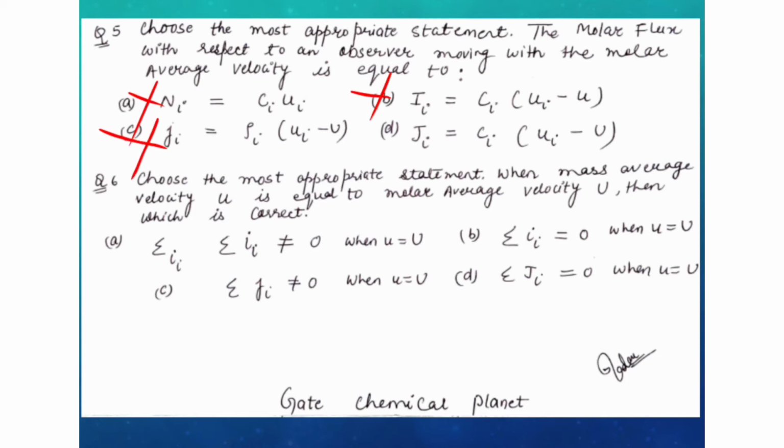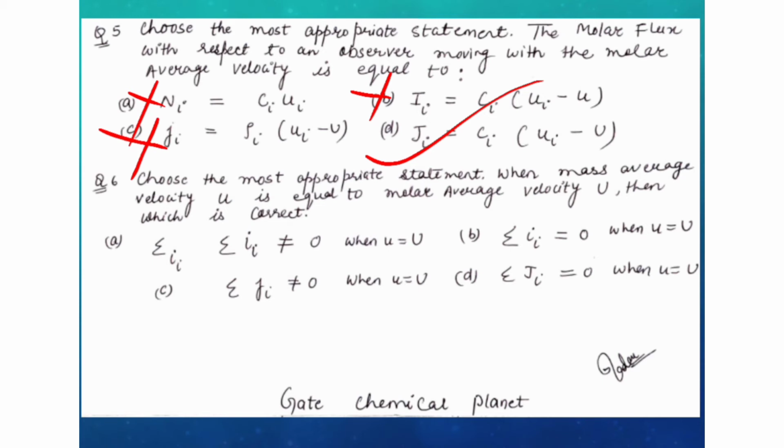So definitely Ji equals Ci (ui minus u) is the correct option, because Ji is the molar flux of species i with respect to an observer moving with molar average velocity, capital U. So option D is correct for this question.